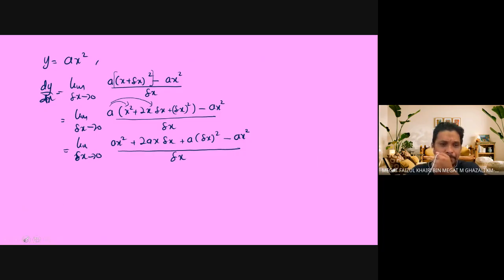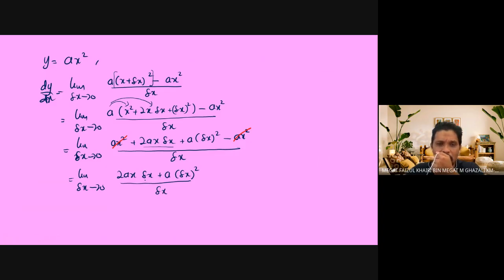So then ax squared minus ax squared cancels. So limit of delta x approaching to 0, you get 2ax delta x plus a delta x squared divided by delta x.